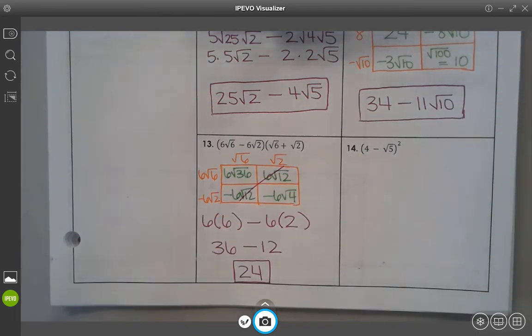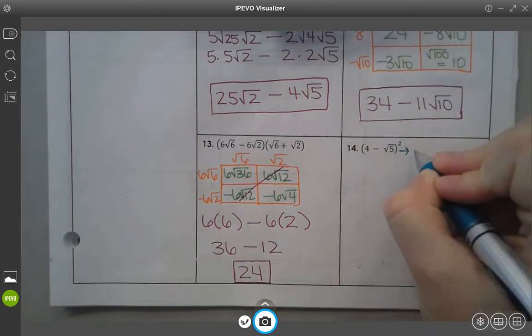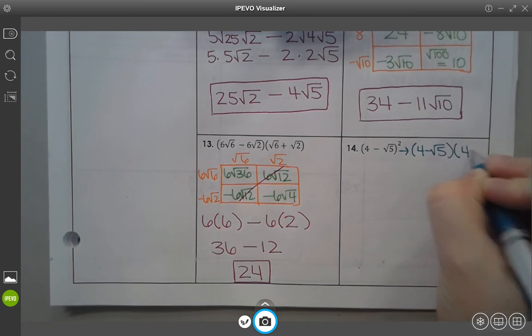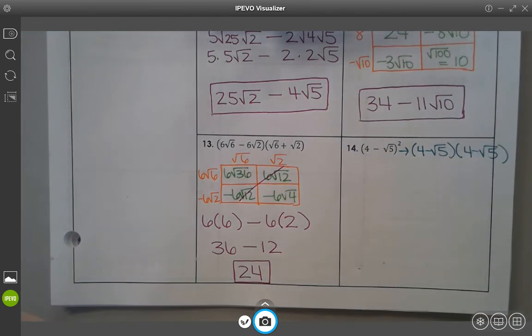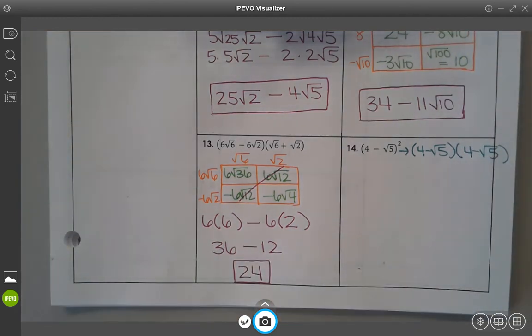What does it mean when you have a binomial squared? You're going to have to do FOIL or the box. Got to make sure you write it out like this. You don't just square the first term and square the second term. Yes, you can use the box.